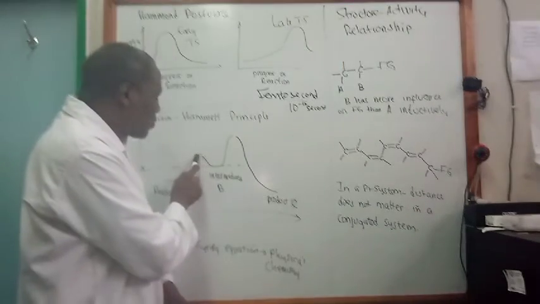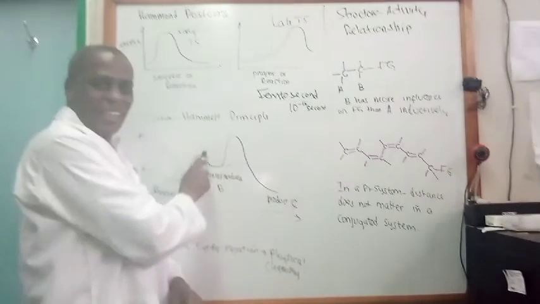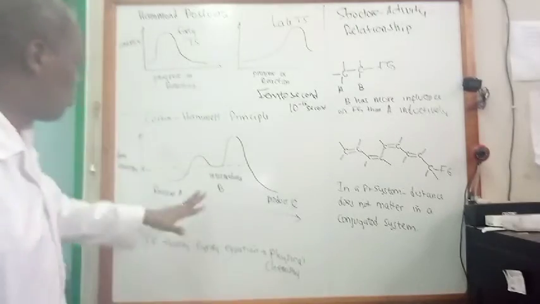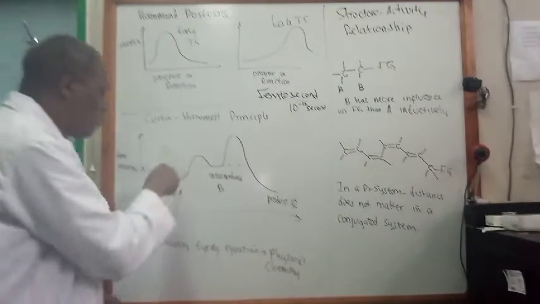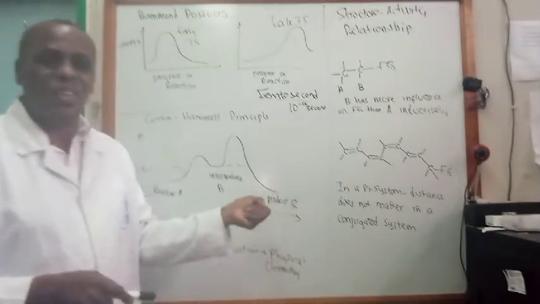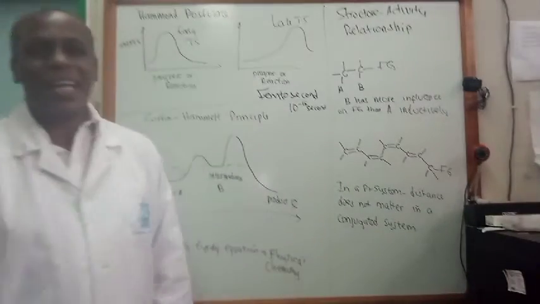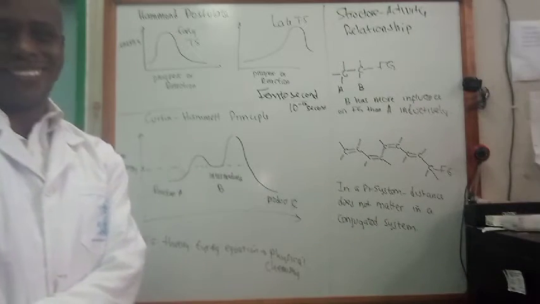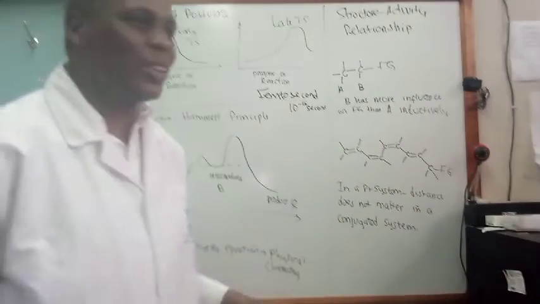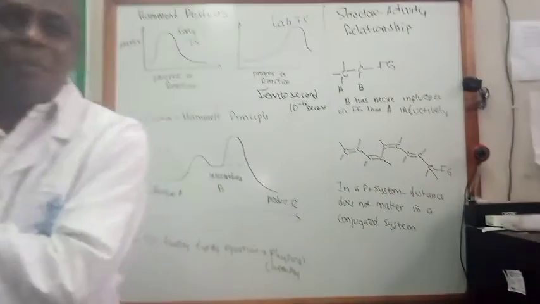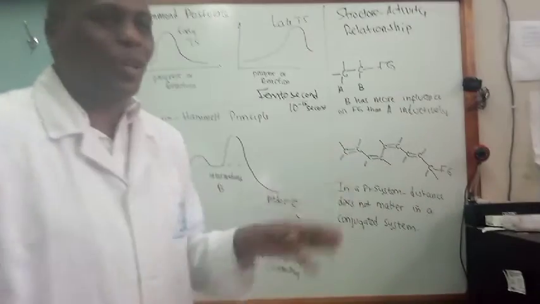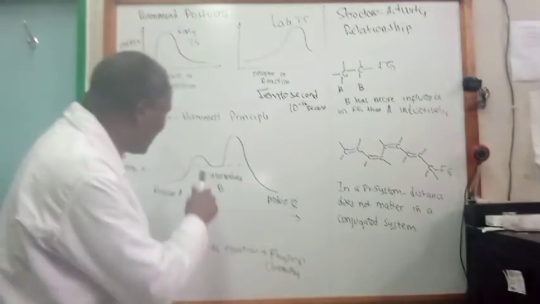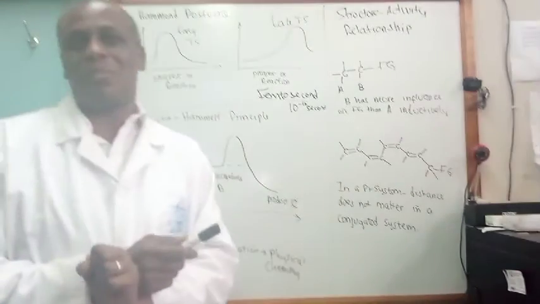If you are going to have a smaller activation hill or the activation energy to be overcome, then even if this one will be less stable, it will be formed in larger quantity than this one, which is more stable, but it has a higher activation energy, activation hill to be climbed. It is crazy, but that's how it is. It doesn't matter about thermodynamic stability. It doesn't matter about all those kind of things about this thing forms quickly or not. What determines is the barrier to be overcome.